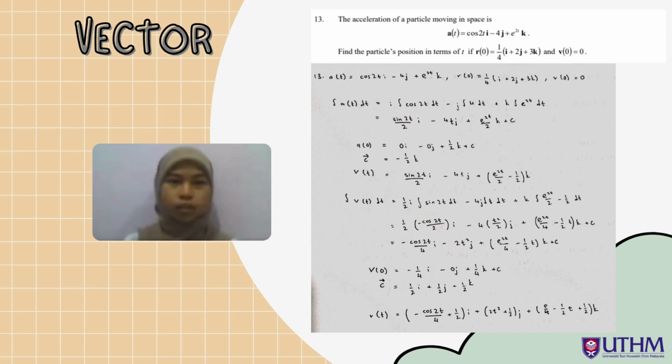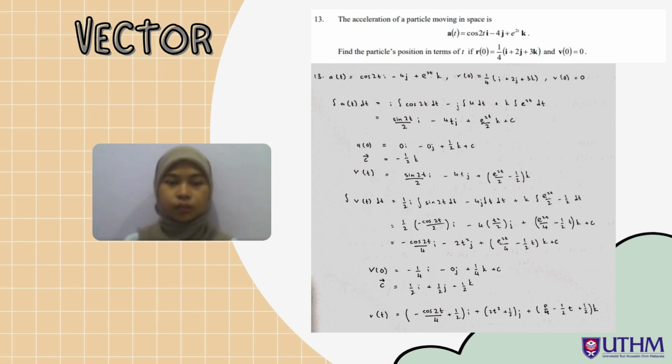We integrate cos 2t, we get sin 2t over 2, and then we integrate 4, we get 4t, and then we integrate e to the power of 2t, and we get e to the power of 2t over 2 plus c, and then sub in 0, we get 1 over 2 k plus c, and here we have v equals 0. We can find c is equal to negative 1 over 2 k.